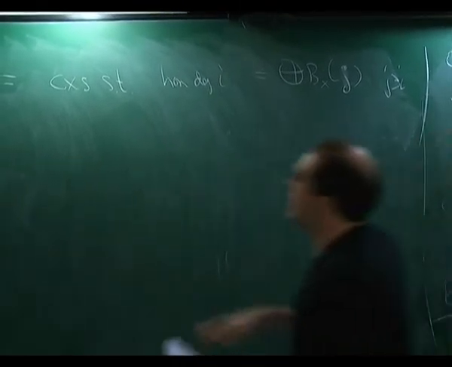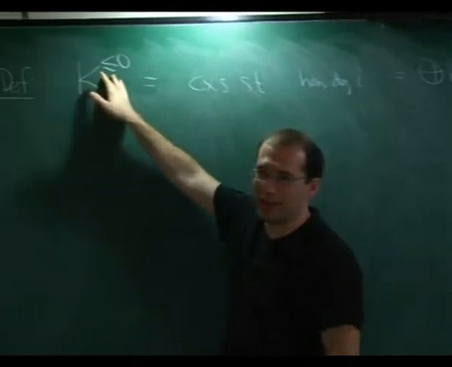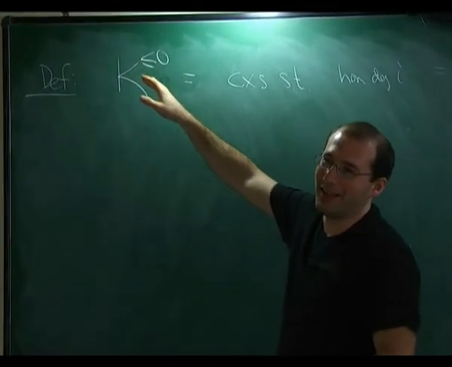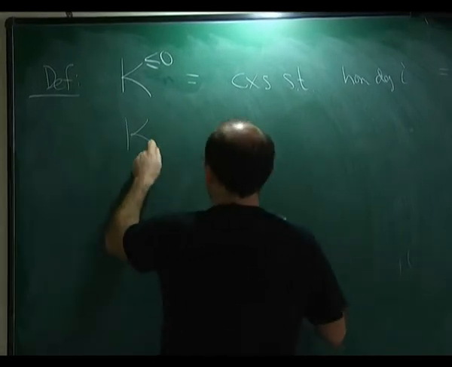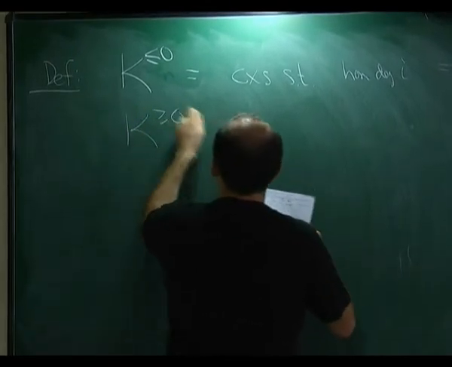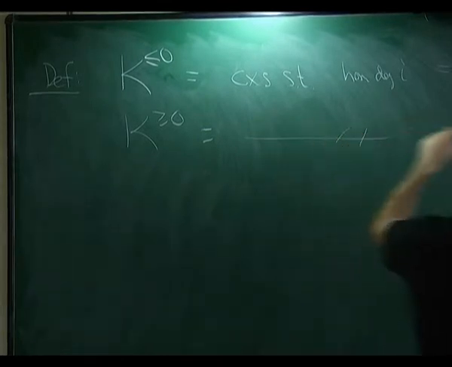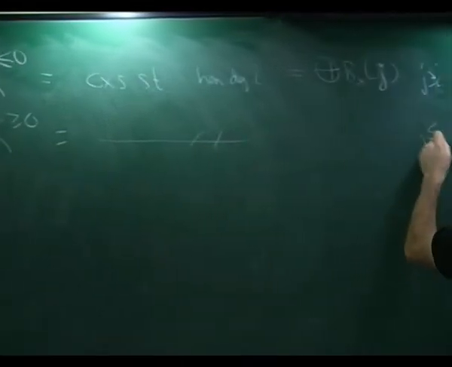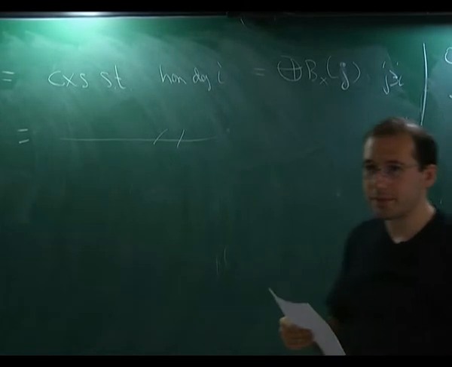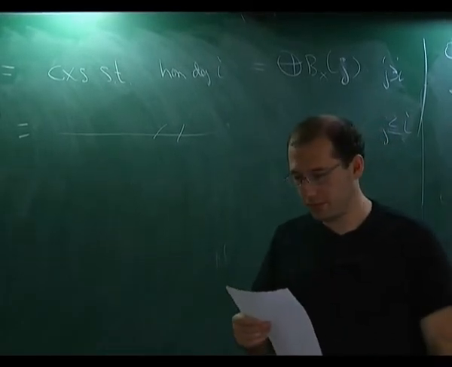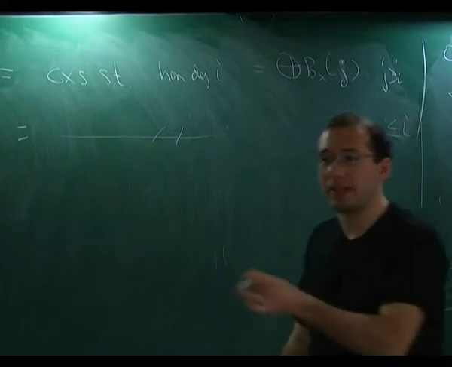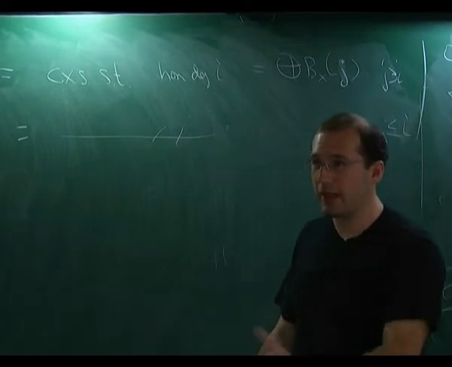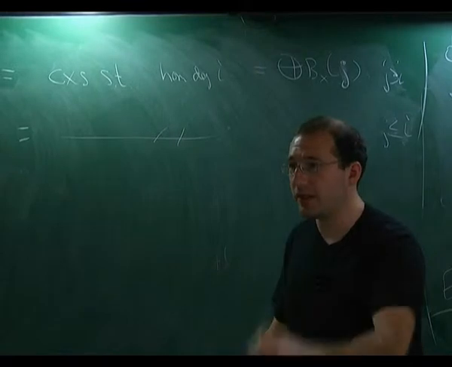Why is this less than or equal to 0 as opposed to bigger than or equal to 0? Unfortunately, that's life. I mean, we didn't make up this notation in general. K bigger than or equal to 0 are complexes such that the only shifts appearing are less than or equal to i. Okay. So, an example, FSFS, we had a shift of -1 appearing in homological degree 0.